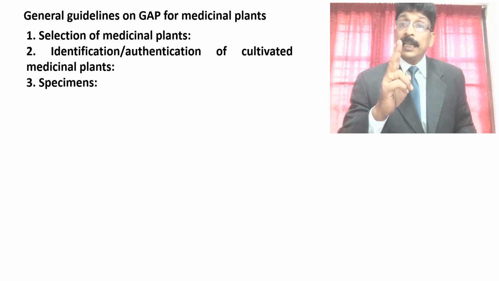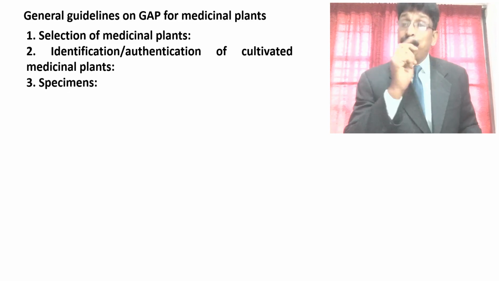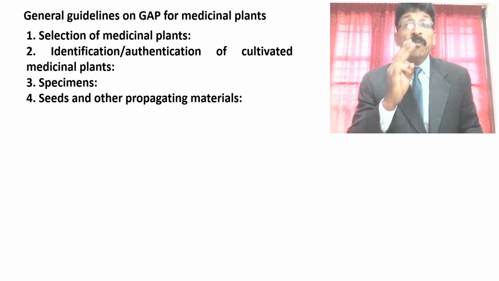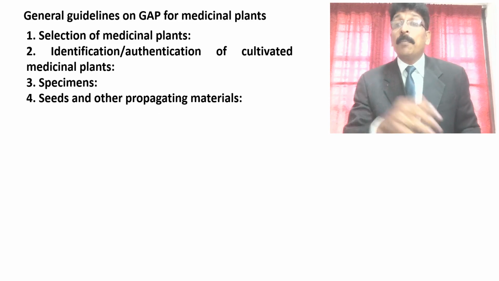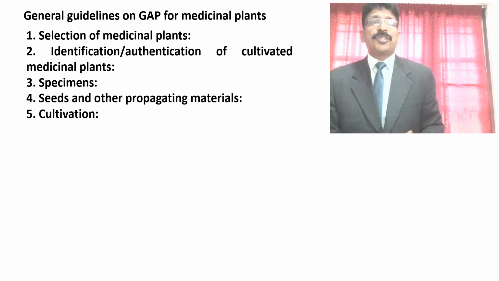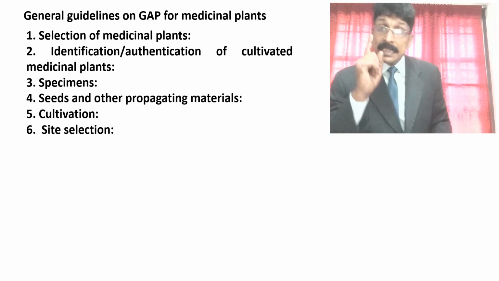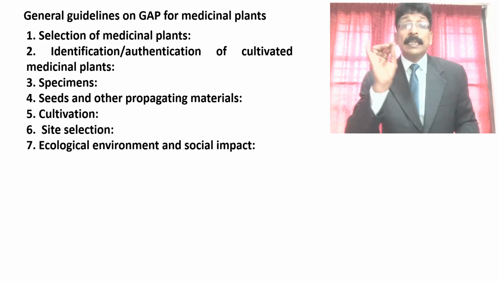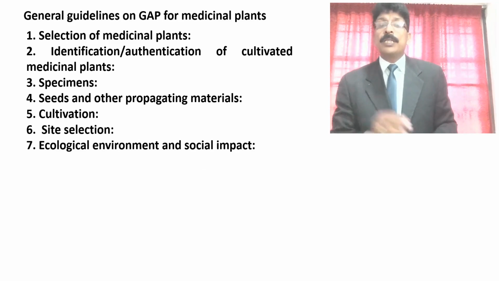Number 3, preserving specimens. Number 4, seeds and other propagation materials. Number 5, cultivation. Number 6, site selection. Number 7, ecological, environmental and social impact.